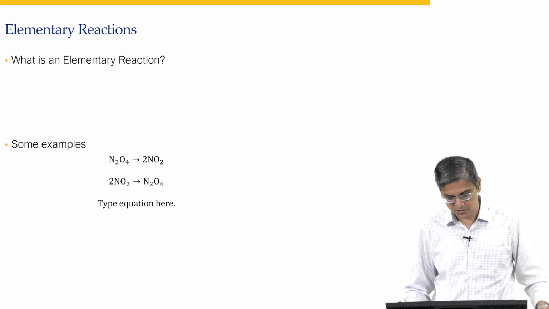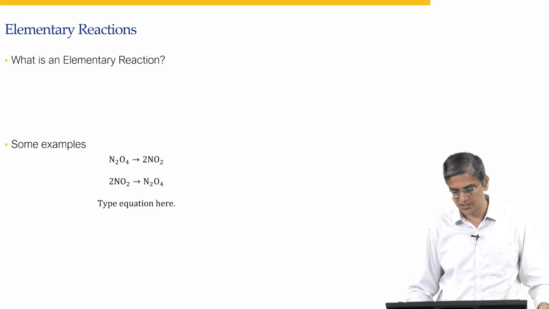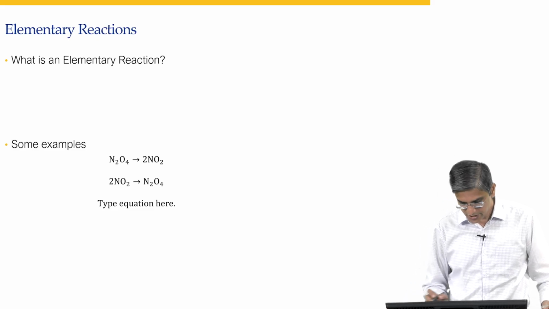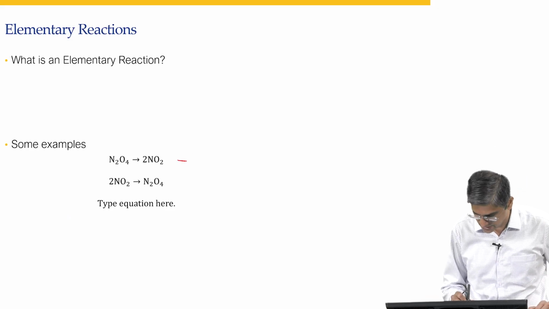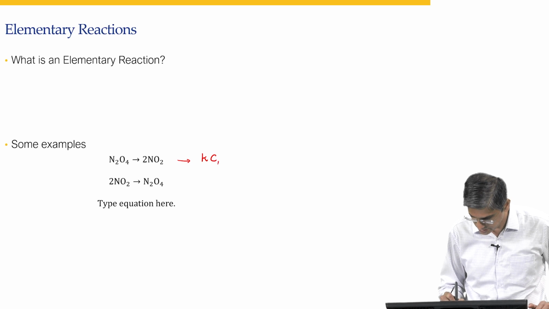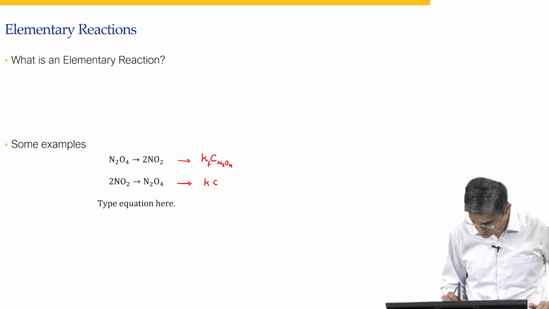Likewise, the other reaction, 2NO2 giving N2O4. If we are only looking at the forward part of the reaction, this is going to be K1 times the N2O4 concentration, and this is going to be K2 times NO2 squared.